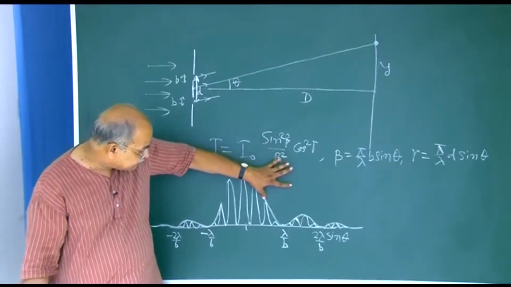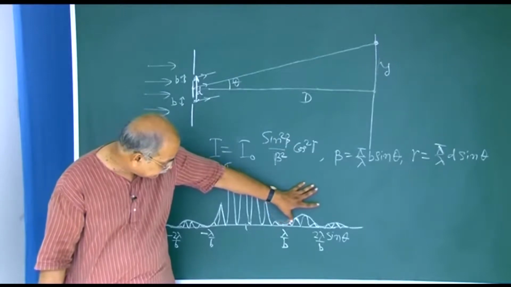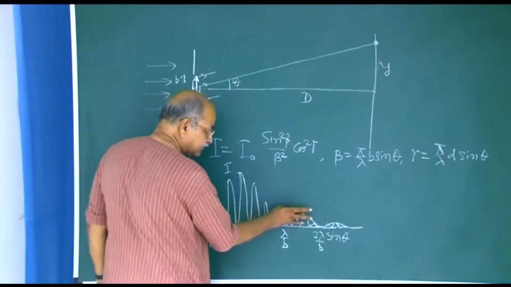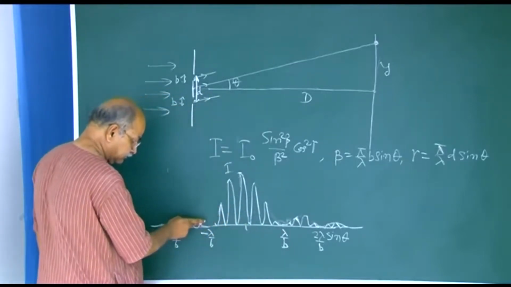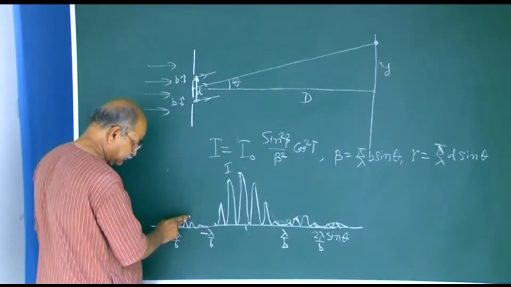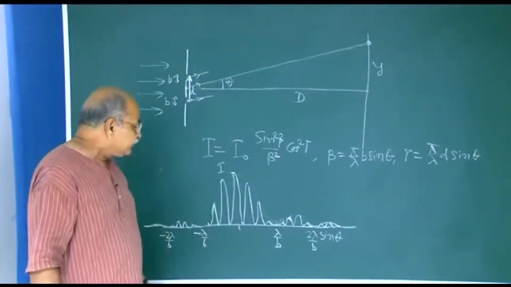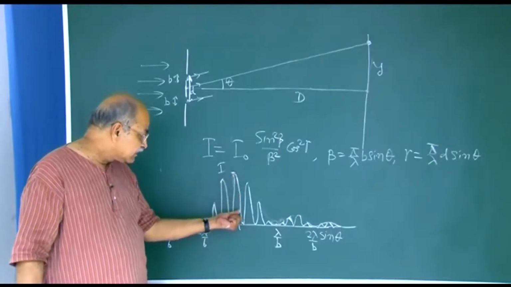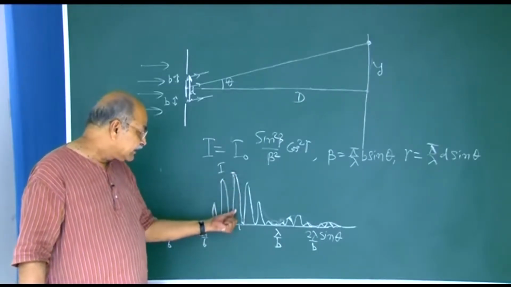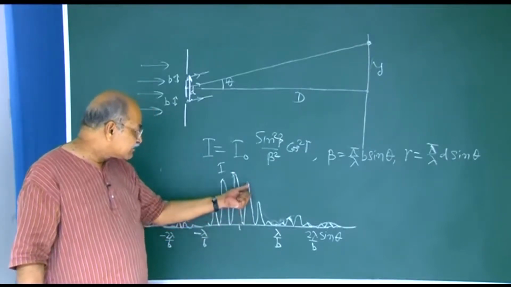Graph of intensity as a function of sine theta, like this. This is the kind of intensity variation. So you have a central fringe here, quite bright, and then adjacent fringes, somewhat less bright.